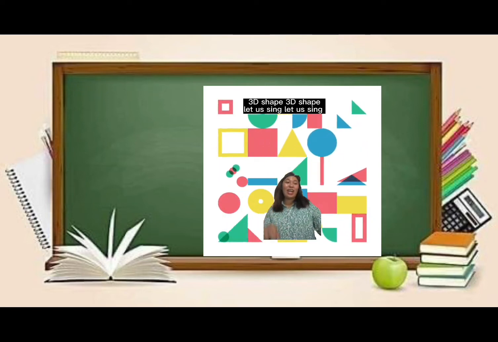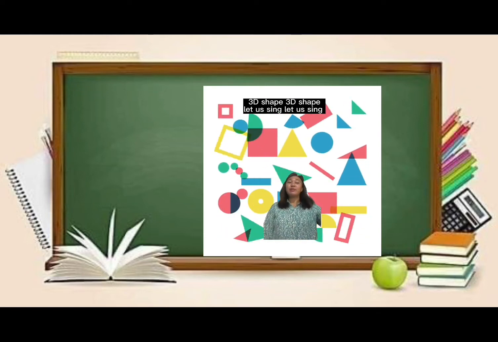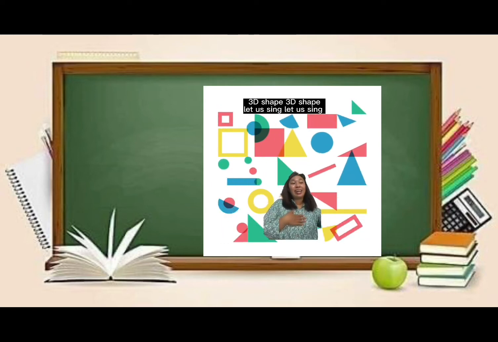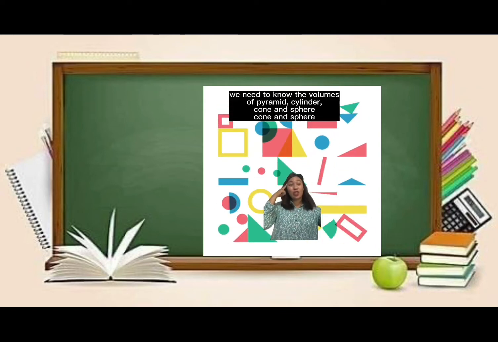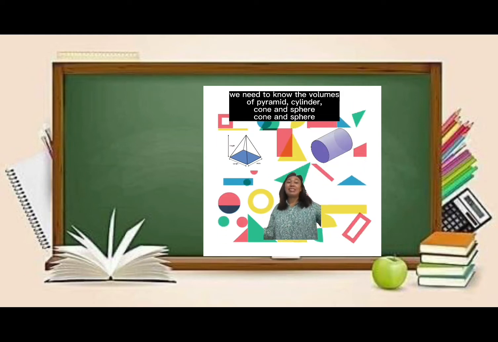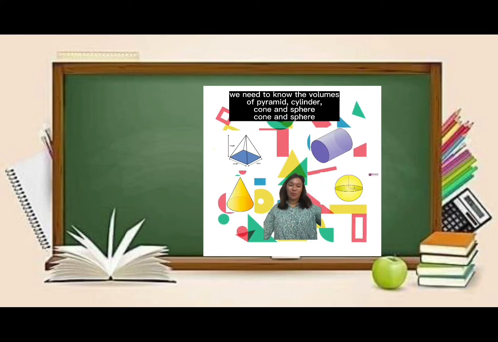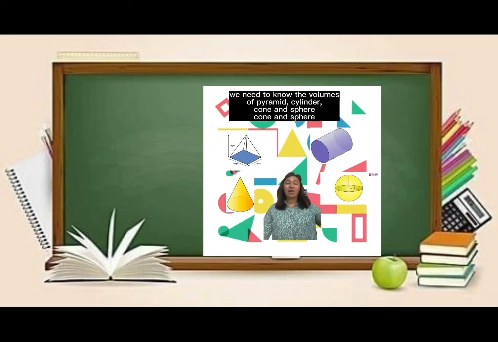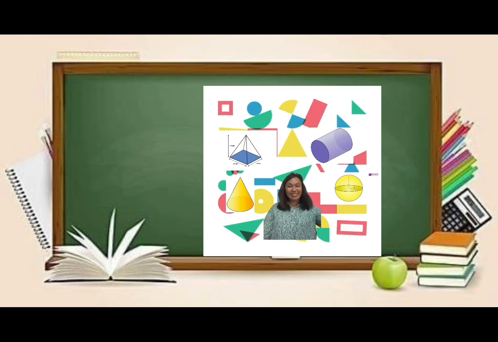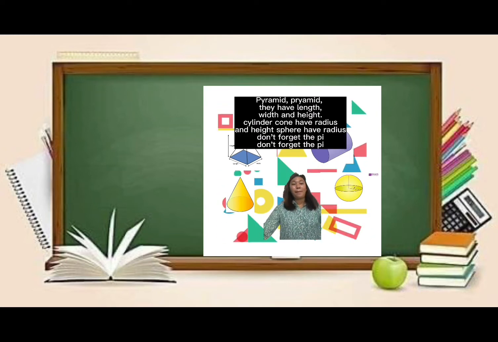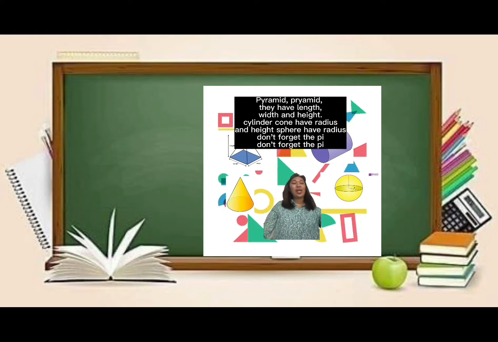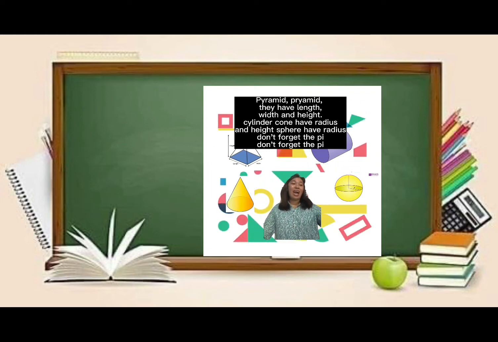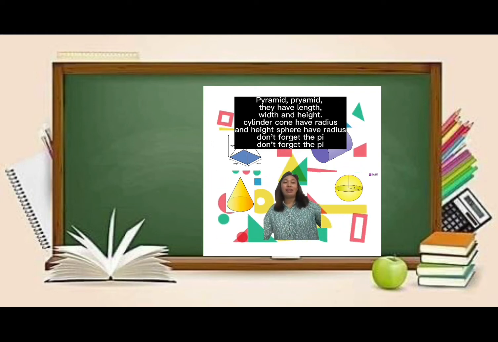3D shapes, 3D shapes, let us sing, let us sing. We need to know the volumes of pyramid, cylinder, cone and sphere, cone and sphere. Pyramid, pyramid, they have length, width and height.